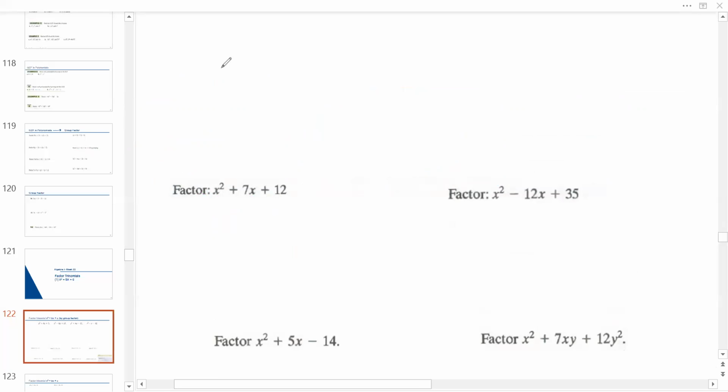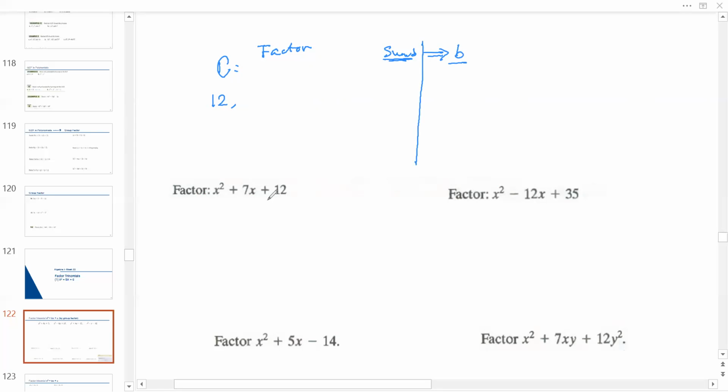I say first factor c. Right now it's 12. Find its factors and try to find the sum of the factors, where the sum exactly matches b. So we do this step first.